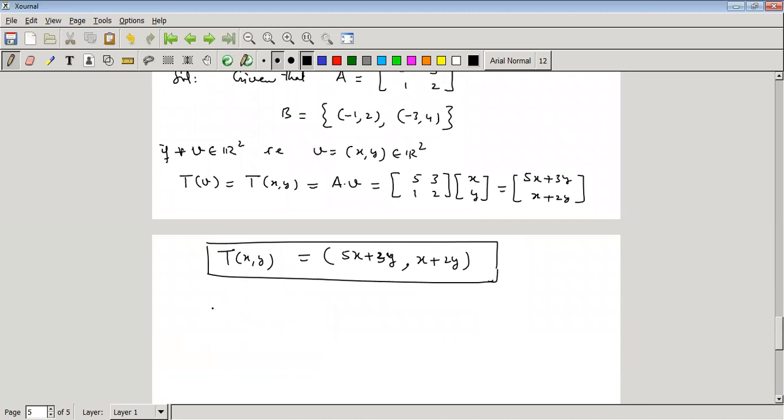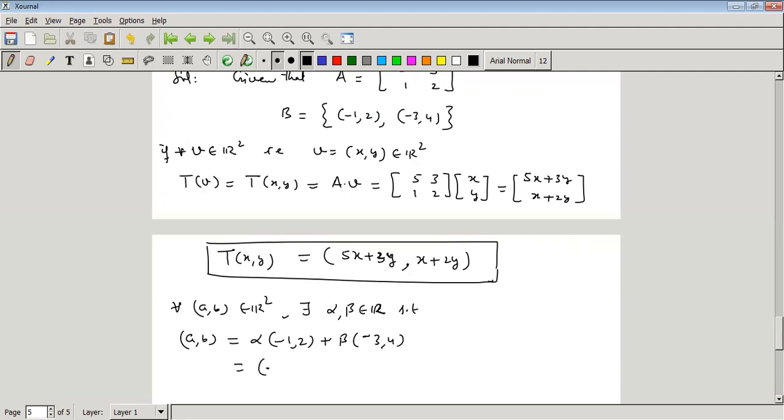Now bases are given. So given any (a, b) in R2, there exist alpha, beta in the field R such that (a, b) can be written as a linear combination of the bases: alpha times (minus 1, 2) plus beta times (minus 3, 4).